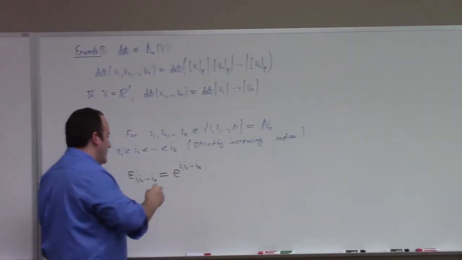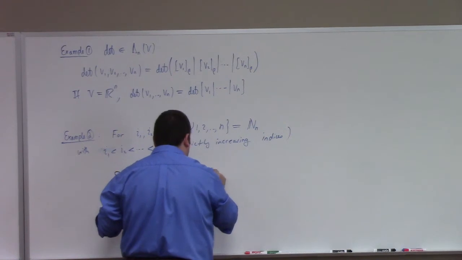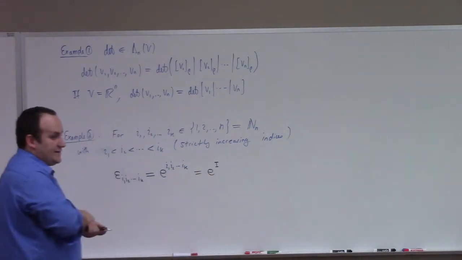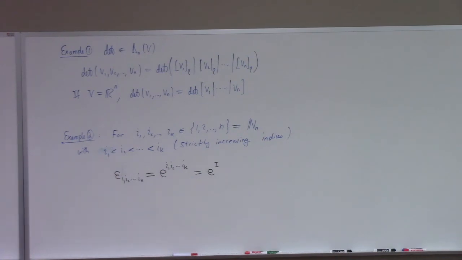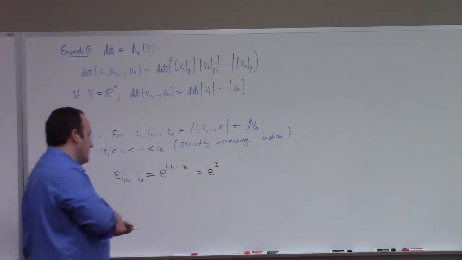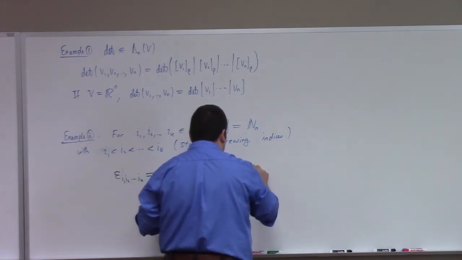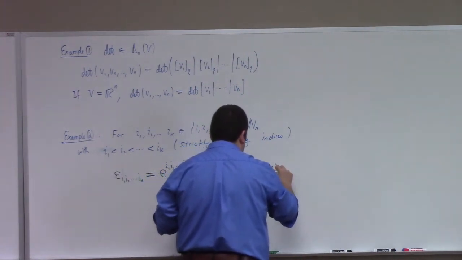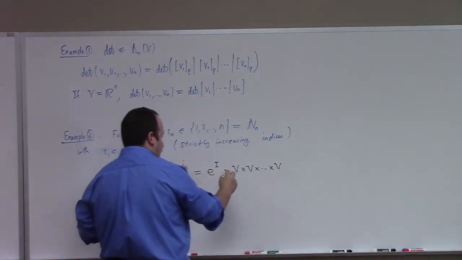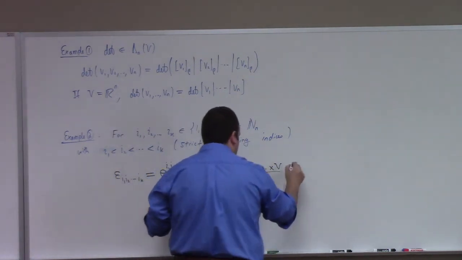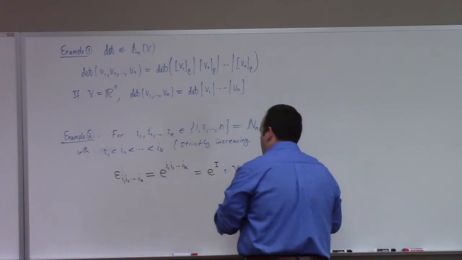Or you know what I might even do? I might say that that's e upper I, where I is a multi-index. But anyway, this is going to be a mapping from V cross V cross ... cross V, how many times? k-fold times, to the reals. And here's its definition.